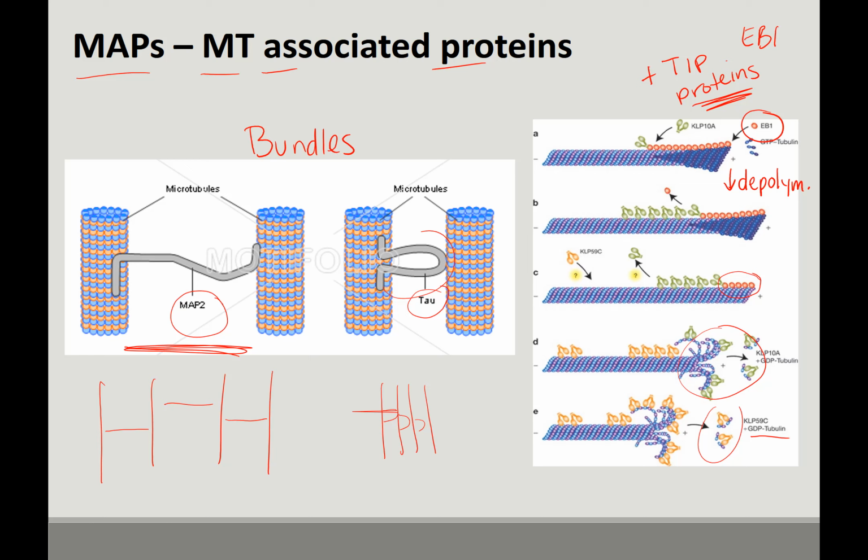So remember, the GTP cap is formed when there's lots of GTP tubulin. We can also have proteins associated with the tip to stabilize it, so even when GTP tubulin is low, you could still have a stable plus end.